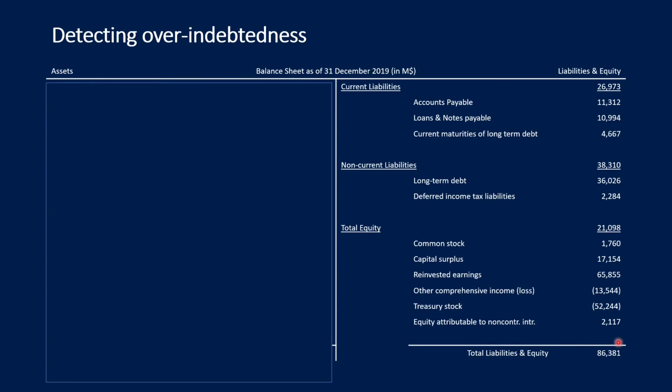Let's write that down. The debt ratio is defined as, I use abbreviations here, current liabilities and non-current liabilities in relation to total liabilities and equity.